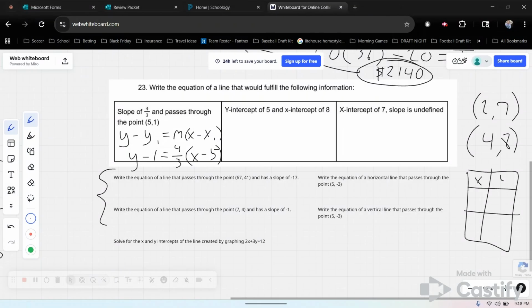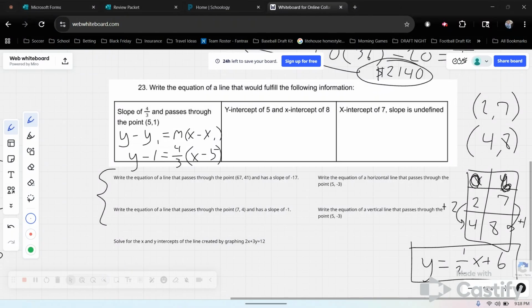What I like to do is put the 2 points in a table and follow the pattern. It's rising 1 and running 2. So we have 1/2 x. And then if you continue backwards, you can find that the x value of 0 pairs with a y value of 6, meaning that the point (0, 6), or a y-intercept of 6, is on the line.